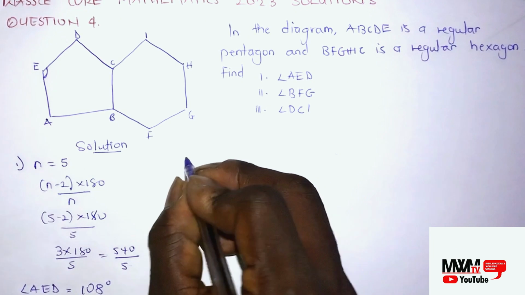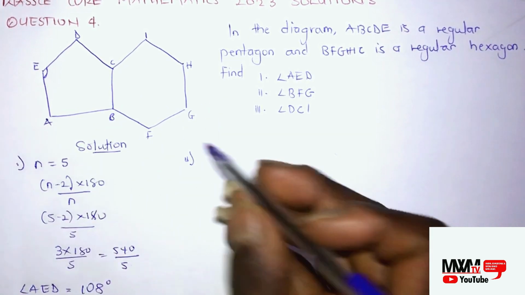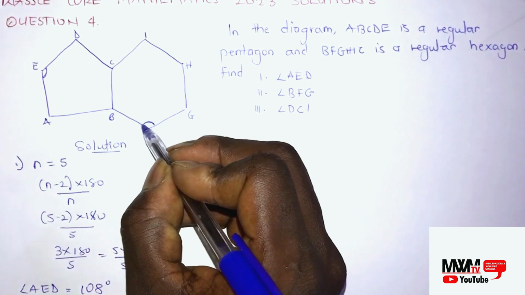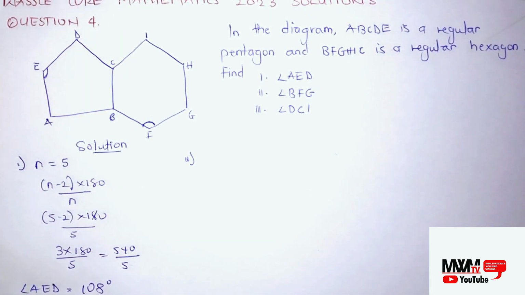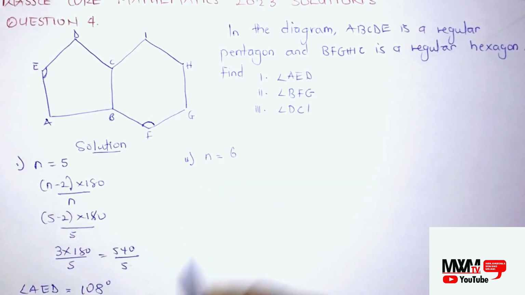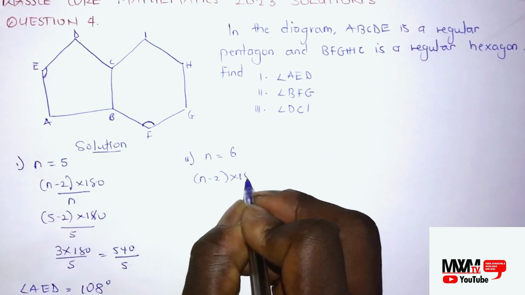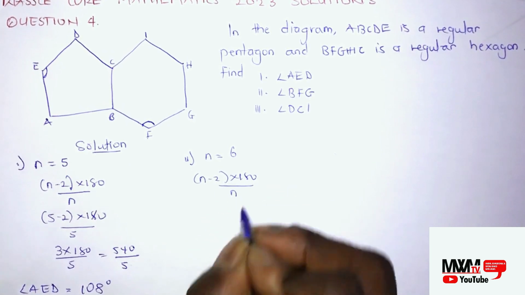Now II, we are asked to find angle BFG, which is this side. And BFG is one of the interior angles of the hexagon. So for the hexagon, the number of sides is 6. So n minus 2 times 180 divided by n.